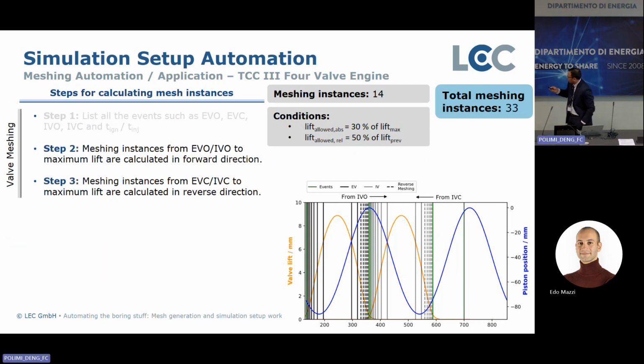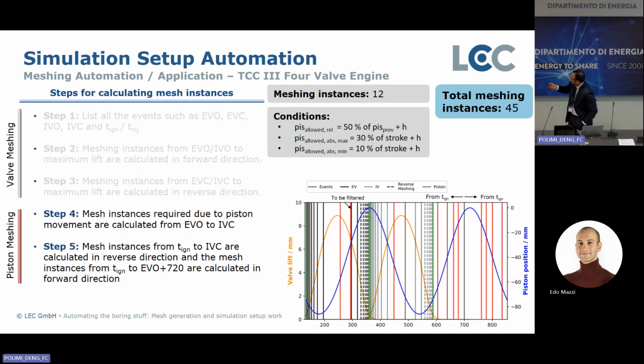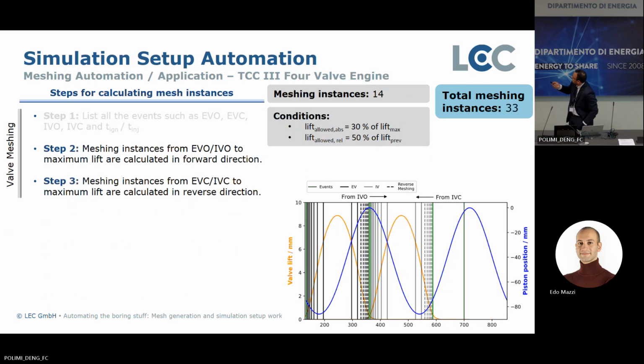What we see here is that in this region, we had these meshes based on valve movement, but we see that the piston moves from this instance to this instance a lot. So we will eventually end up having bad mesh quality. So we also have to introduce some mesh instances in between these two mesh instances based on valve motion.